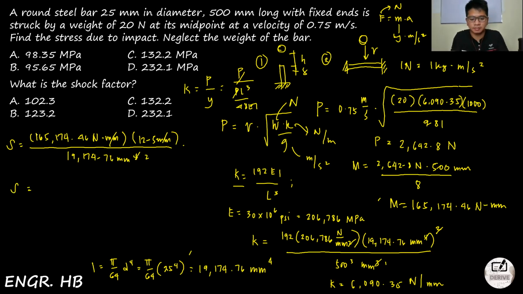Wait lang. 6,092, 20, by 1981 square root times 0.75. So our P is in Newton times 500 divided by 8, 25 mm. So that will be times 1.5. So pi over 64. It's 107.68. Tama.